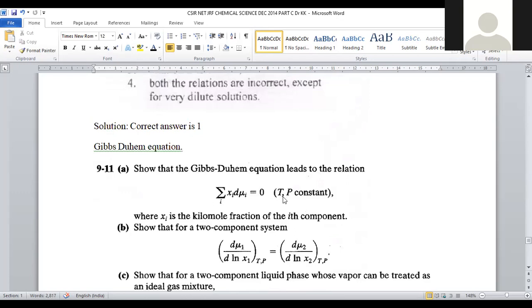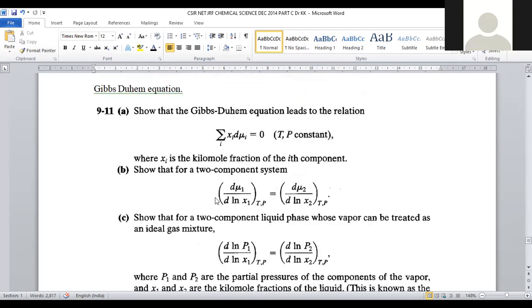And for this equation here, temperature and pressure variables are taken as constant terms, where xi denotes what? Xi is nothing but the mole fraction of the ith component. Ith component mole fraction is denoted with xi, and this equation can be employed at a constant temperature and pressure.